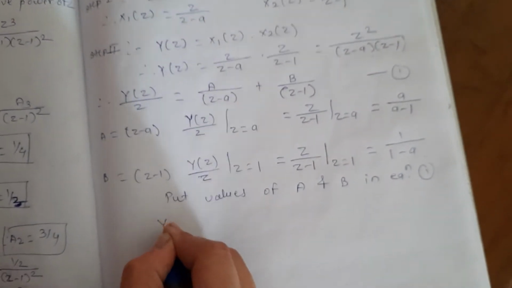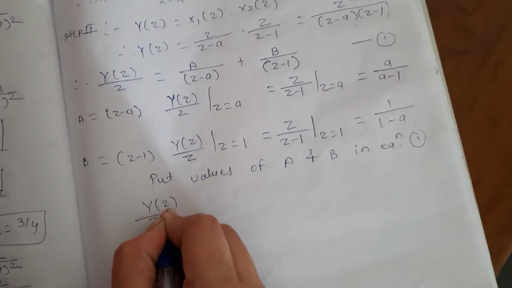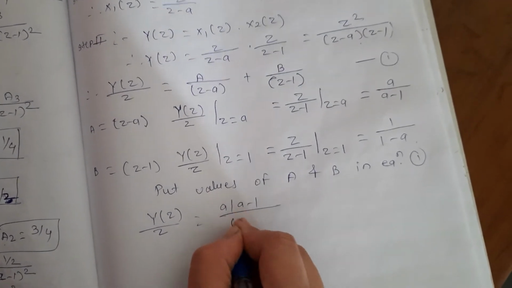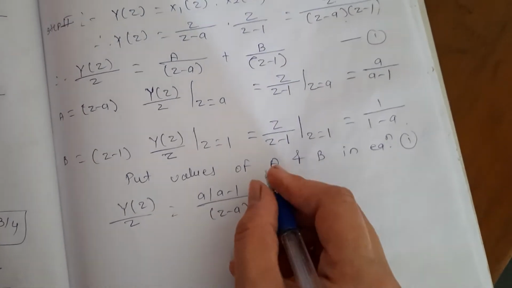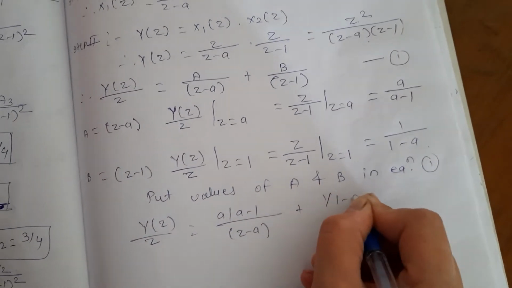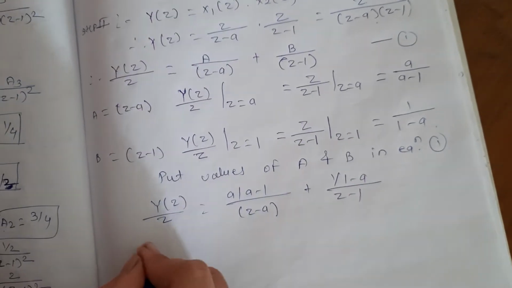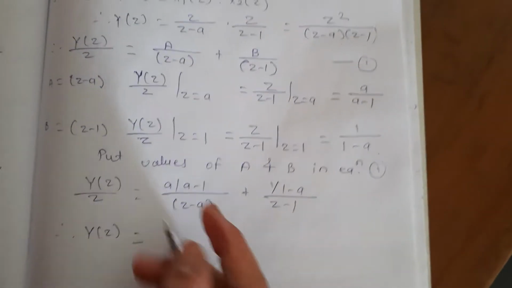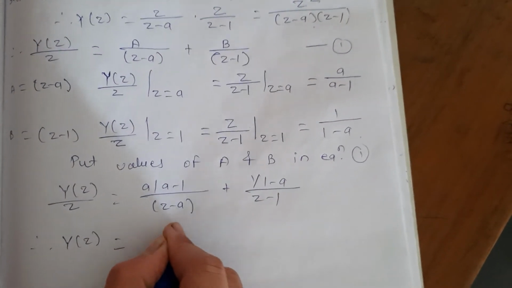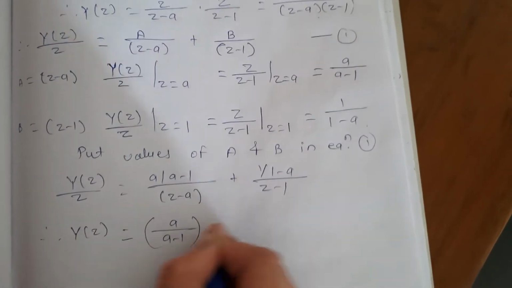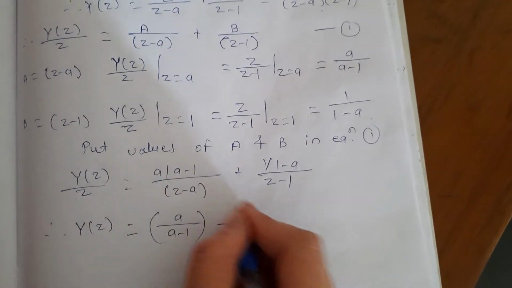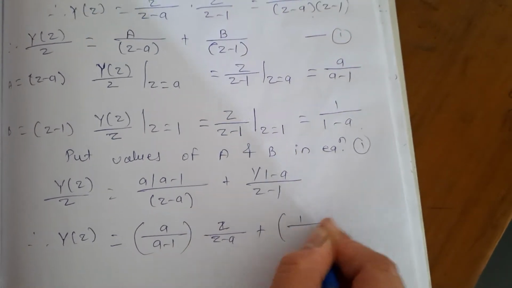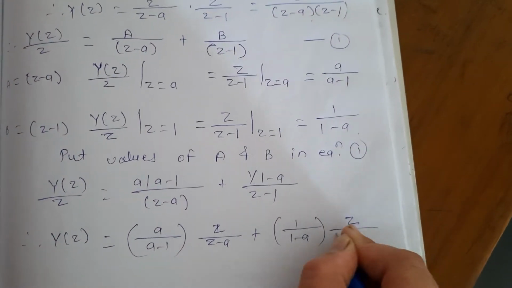So equation 1 is Y(z)/z is equal to a by a minus 1 divided by z minus a, plus 1 by 1 minus a divided by z minus 1. So it is Y(z) is equal to a by a minus 1 into, this z goes this side, right hand side, so it is z by (z minus a) plus 1 by 1 minus a into z by (z minus 1).